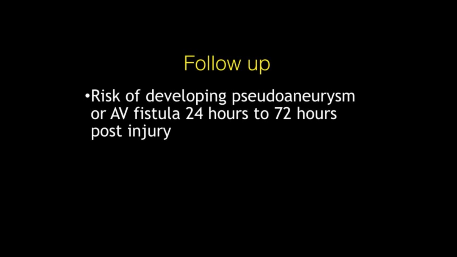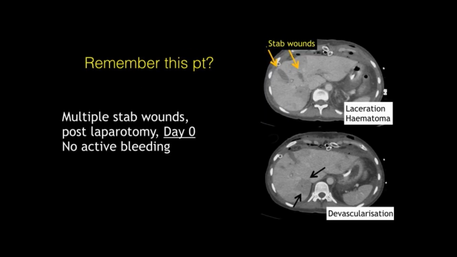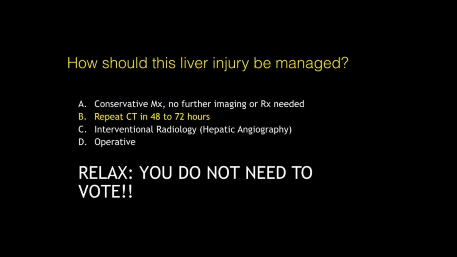Now, finally, before we move off the liver, let's think about follow-up. So it's very important to follow these patients up because of the risk of developing a pseudoaneurysm or an AV fistula, which is what I think you were all thinking about with the first case. So do you remember that man who was stabbed in the beginning and he had that devascularized area? This was his initial CT, no pseudoaneurysm or AV fistula there.